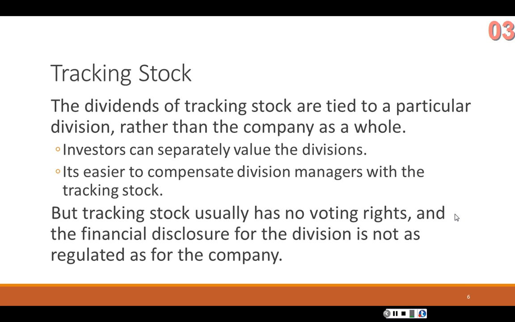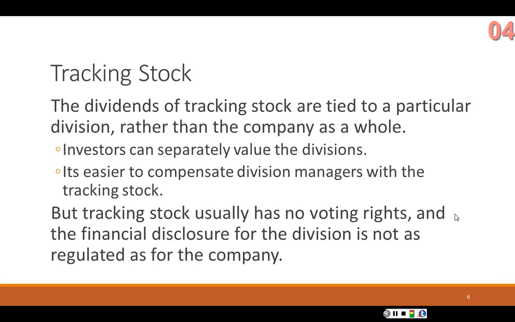And it's really nice because it's easier to compensate division managers with tracking stock, because there are many instances where one particular division of a company is doing really well while another division is doing poorly. So you wouldn't want to reward the division that's doing poorly or punish the division doing well simply because you're only valuing the company as a whole.